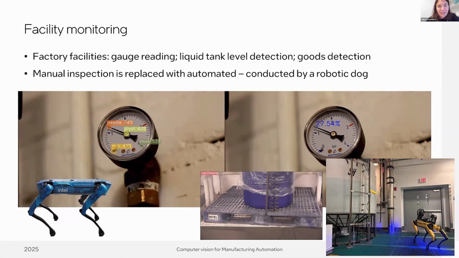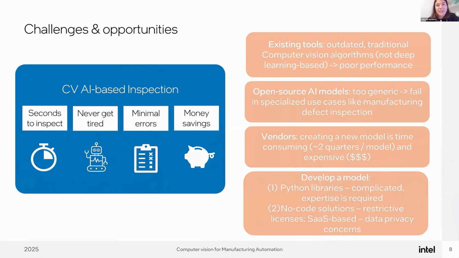When we started these projects and started to talk to customers, not only internal but also external customers, here is what they shared with us. First of all, many of the existing tools in factories already have cameras, and they might even have some built-in computer vision inspection tools.